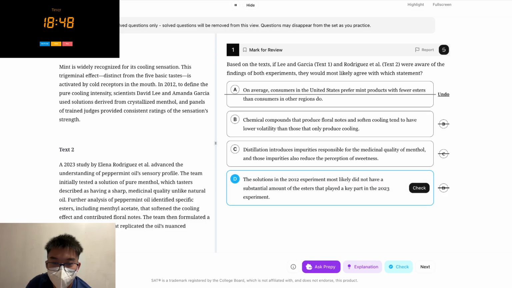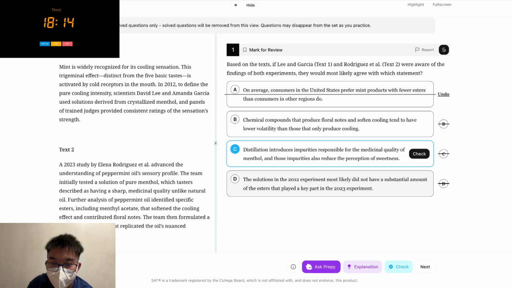Tend to vulnerability. Part in the 2013 experiment. So solutions in 2012 are most likely to not have ester. I am thinking. Okay.